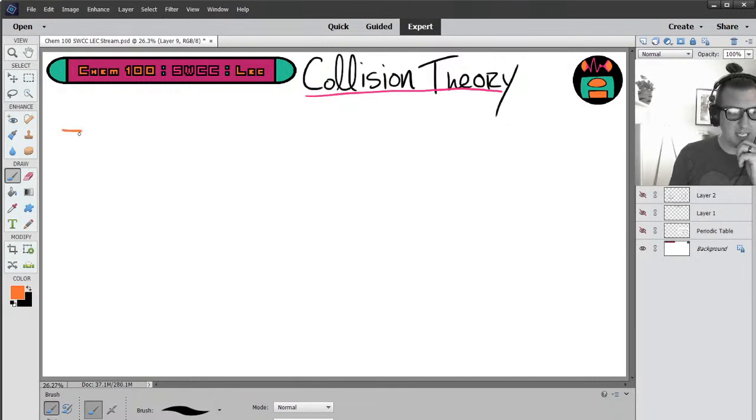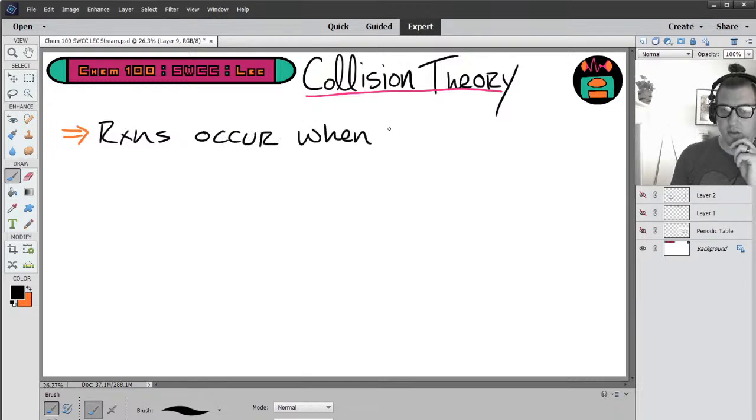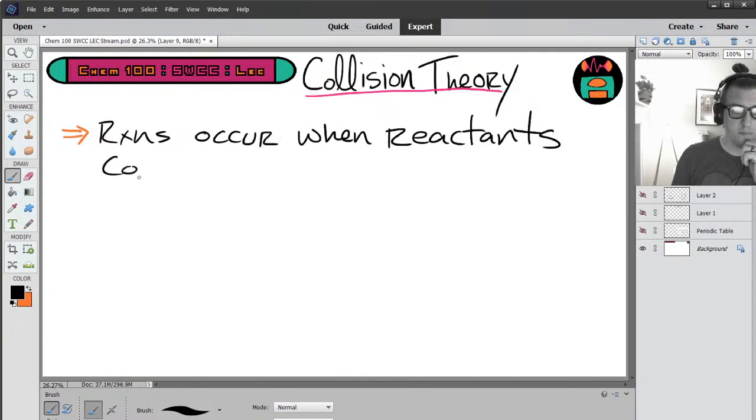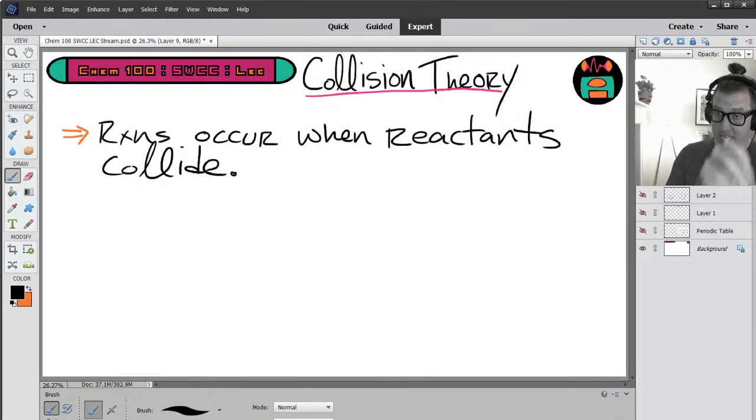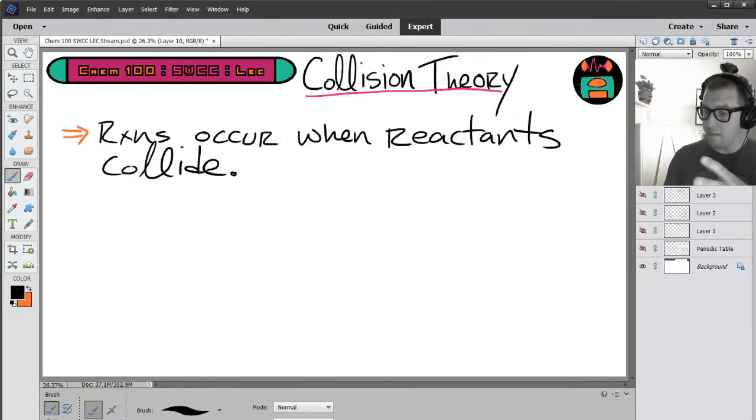And that premise is reactions occur when reactants collide. All right? That is the premise of collision theory. And when you think about it, it really makes sense on a first principles level.